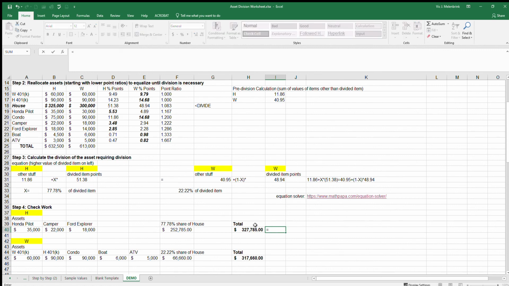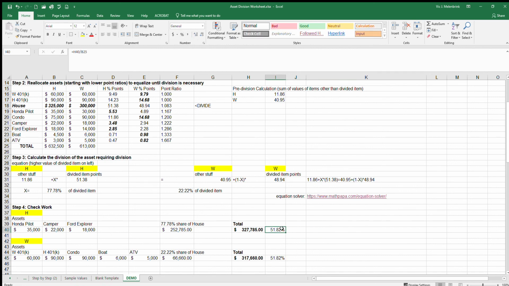So I'm going to hit equals 327 divided by his valuation of 632, make that a percent, 51.82%. Let's see what hers is. 317,000 is her valuation. Divide that by her total valuation, 613. Turn that into a percentage.